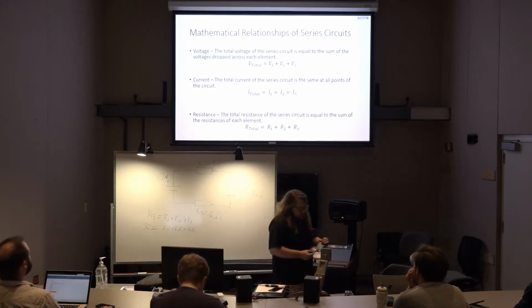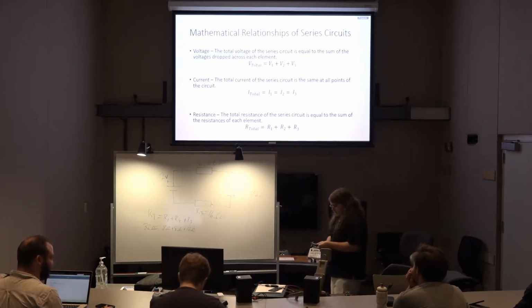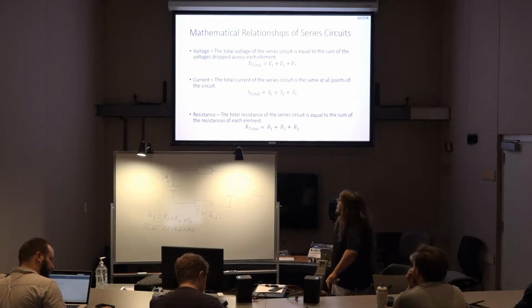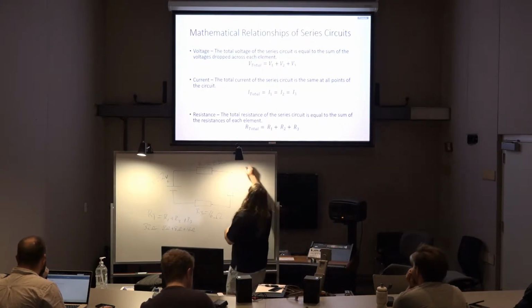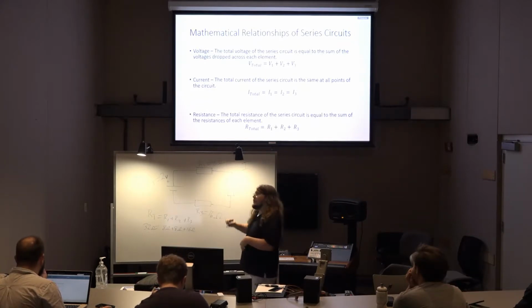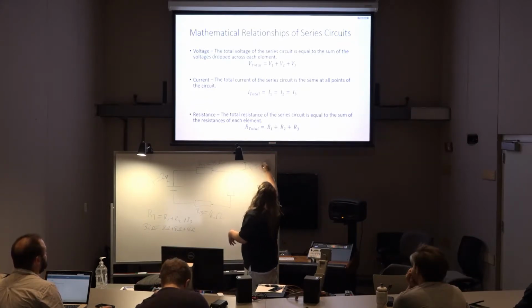So now that we have that handy piece of information, where do we go from there? The question that you should see on your little Socrative quiz right now is asking for the total current, right? So IT equals question mark.